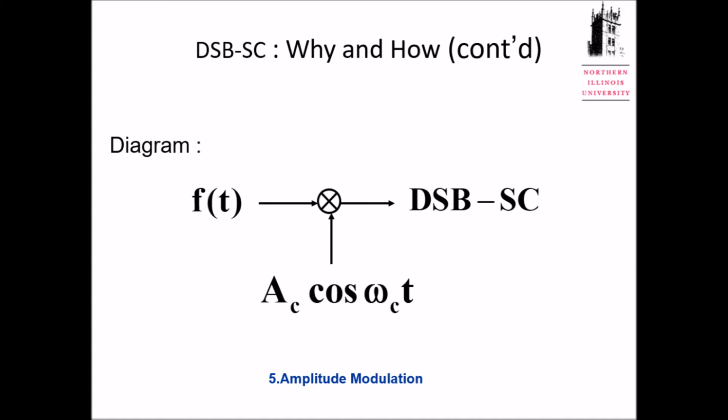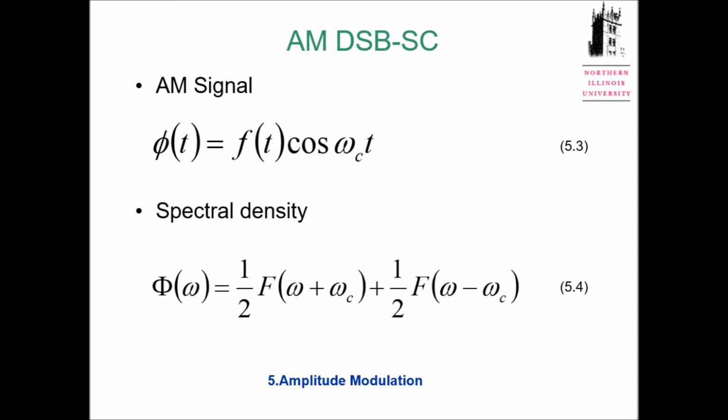So the transmitter side is still very simple. Any problem? Any questions? Now for my transmitter side, information is mixed with a sinusoid. So this is my time domain signal, and this is my Fourier transform. We just use the property of modulation.